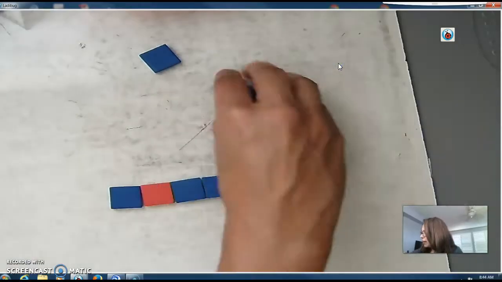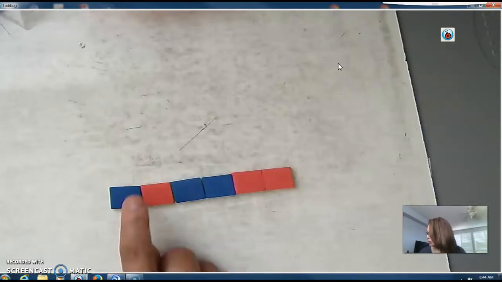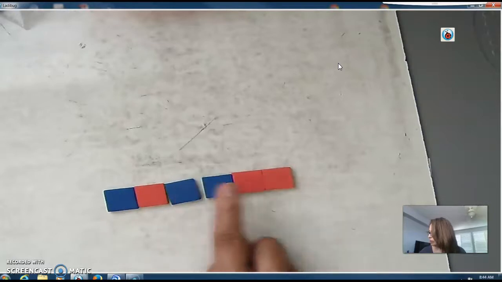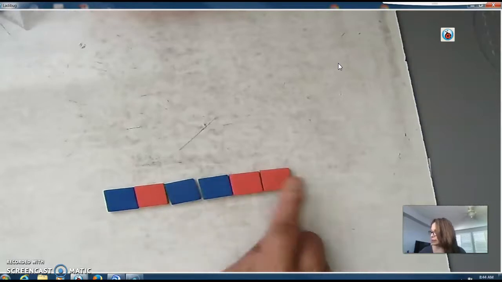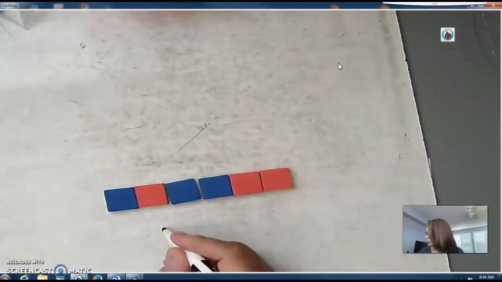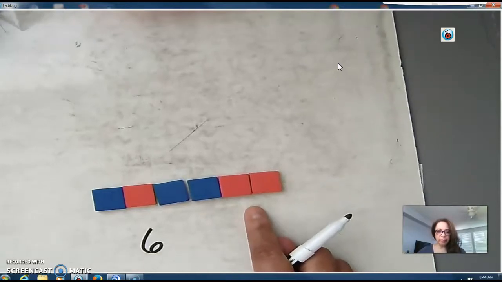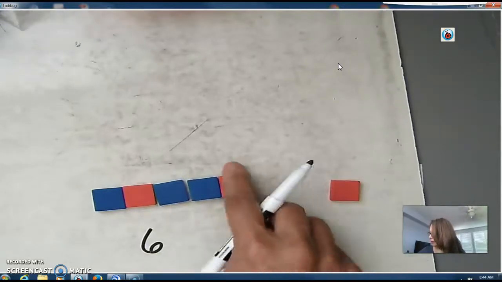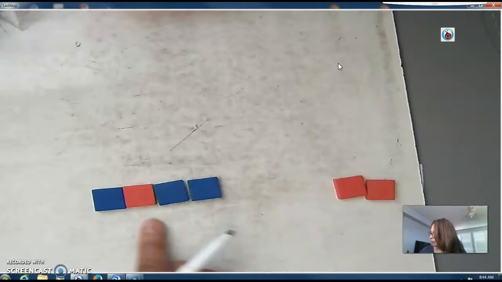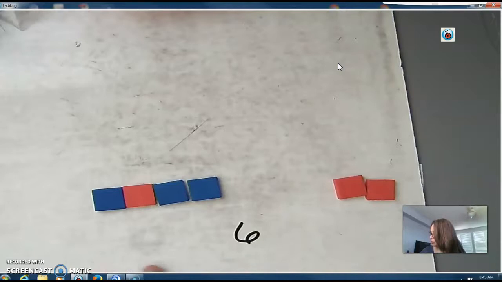All right, so I have some tiles, and we're going to start off by counting how many tiles. Ready? 1, 2, 3, 4, 5, 6. So we have 6 tiles, and we're going to remove 2 of them because we want to do 2 fewer, right? So let's take 2 of them out. So maybe I should put 6 over here because we want to say what is 2 fewer than 6.